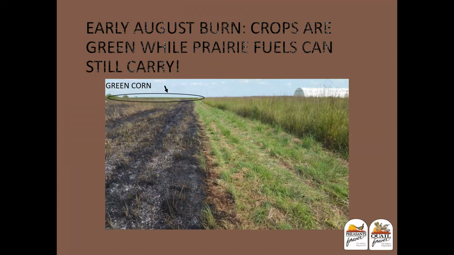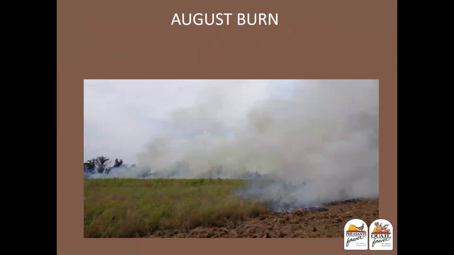This kind of example, I get a lot of people always asking me, you can't burn in August because everything's still green. Well, you actually can. It ends up being a little smokier than usual, but the native grasses are starting to die back then. So you can see the corn is still green there, so that prevents any sparks from going into the neighbor, and then you can still get a good burn through it.